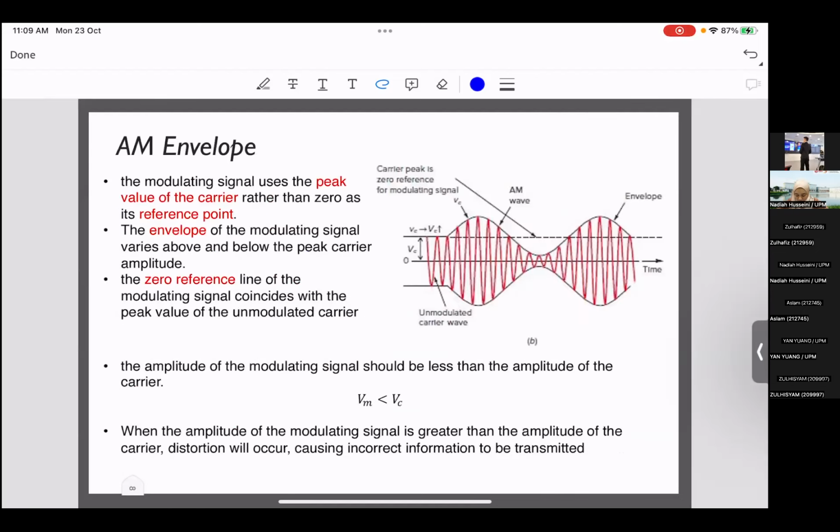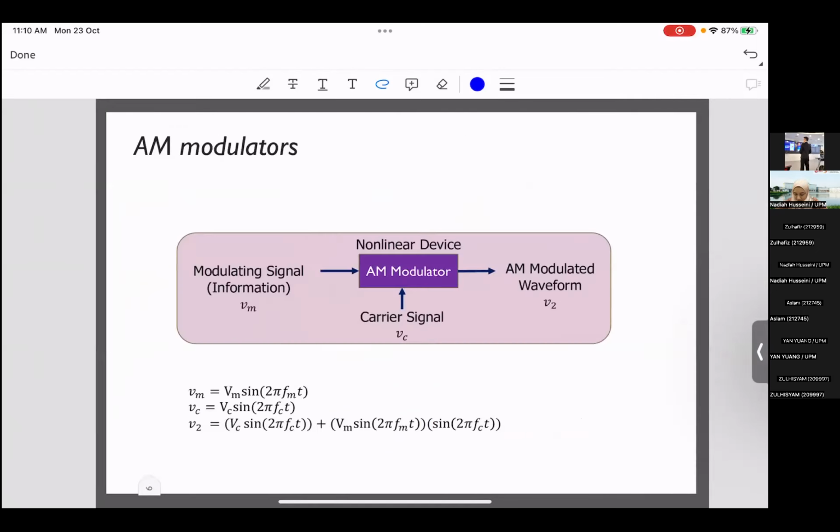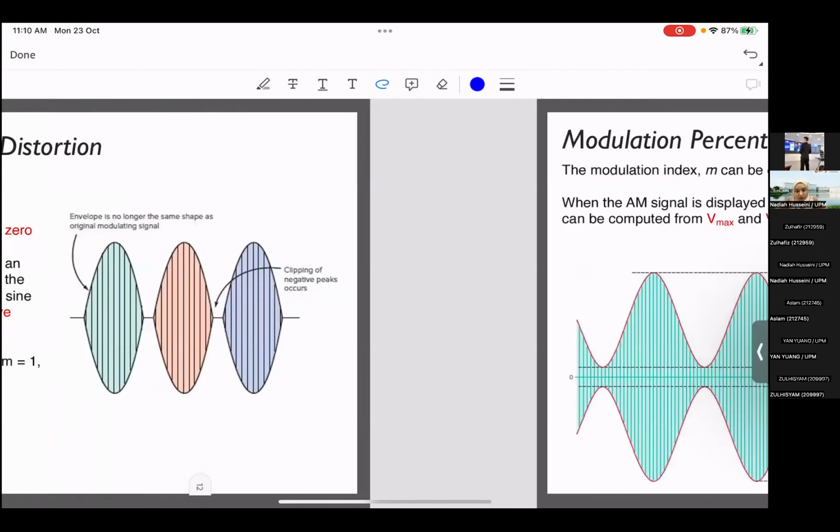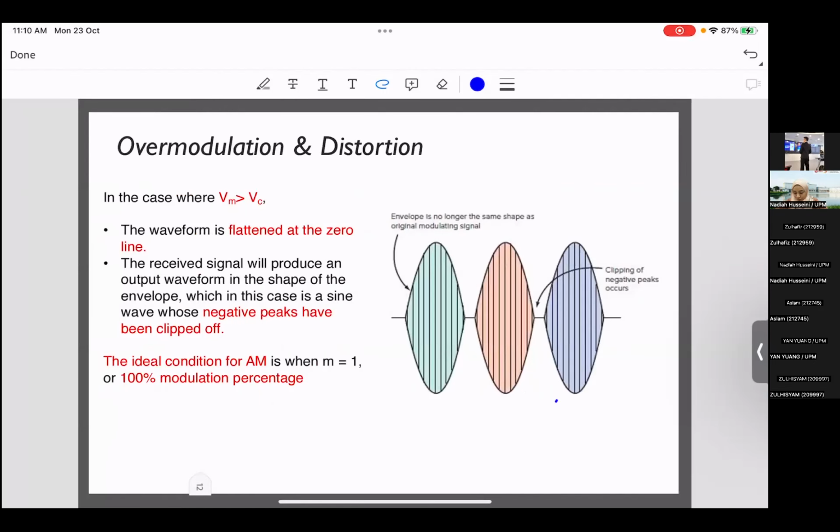Okay. And then we talked about the AM envelope, whereby VM has to be less than VC, where VM is the voltage of the modulating signal. If VM is too big, the modulation will be too much, and it will cut the carrier, and you would get something that looks like this.